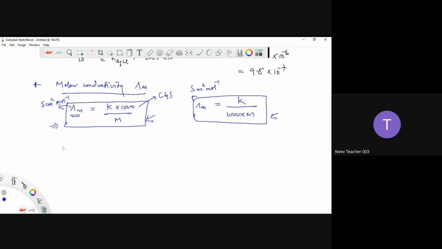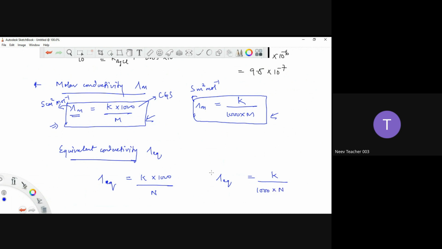Similar to molar conductivity, there is one more part, equivalent conductivity. It also has the same kind of formula, but there is one difference: instead of molarity, we will be using normality. So lambda equivalent will be kappa times 1000 by normality in CGS, and similarly kappa by 1000 normality in SI.